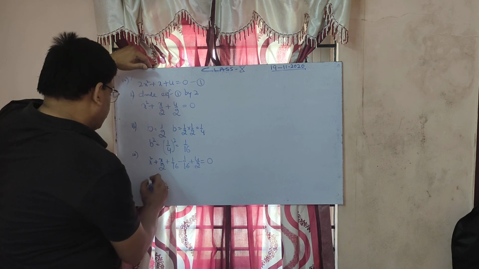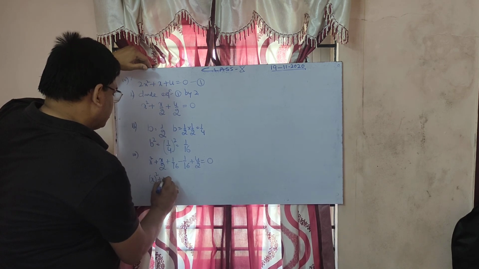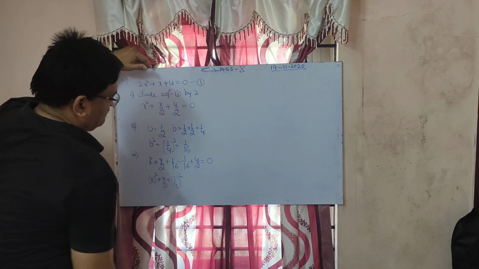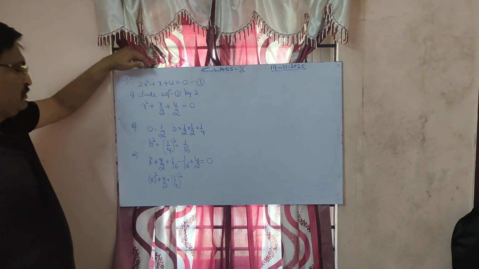Now this could be written as the square of the first number, x plus 1 upon 4 whole square.